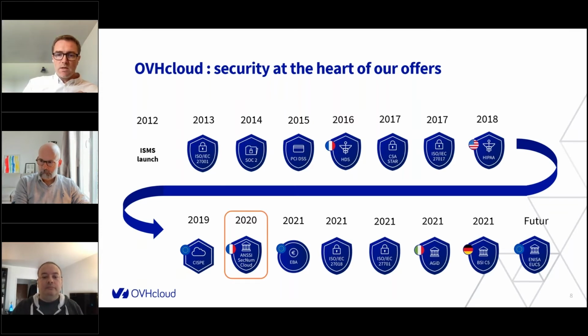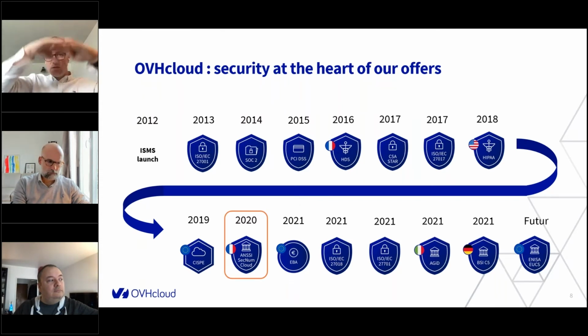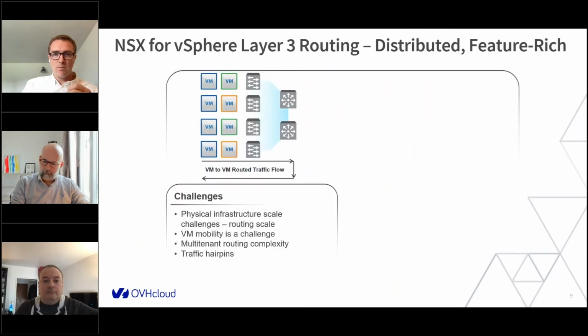But currently, we also have HDS in Italy, C5 in Germany, and all of that builds a level of security for all companies. So let's go back to NSX, but NSX is one part, and there are certifications around. And in the world of the VMware platform that you use, you will have to improve and design your security and the network side. So yeah, let's go on NSX now to focus on this topic.